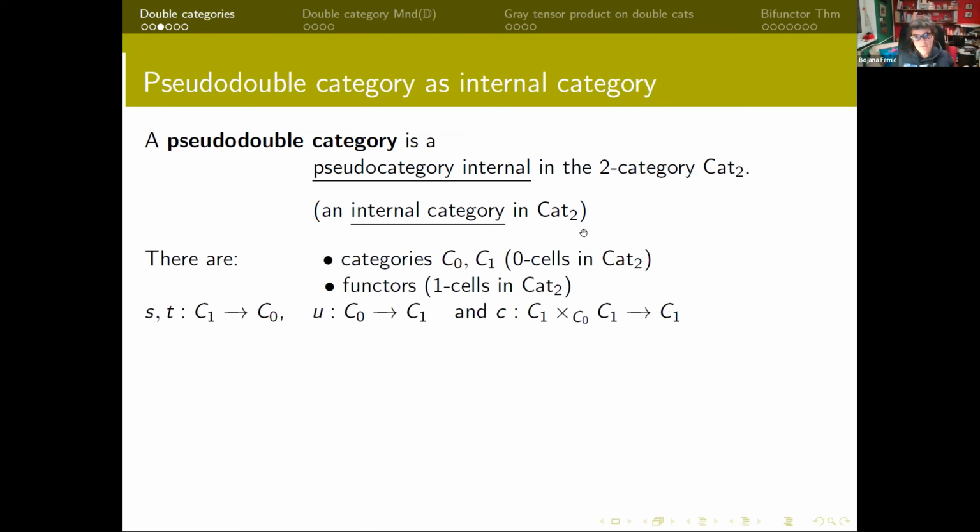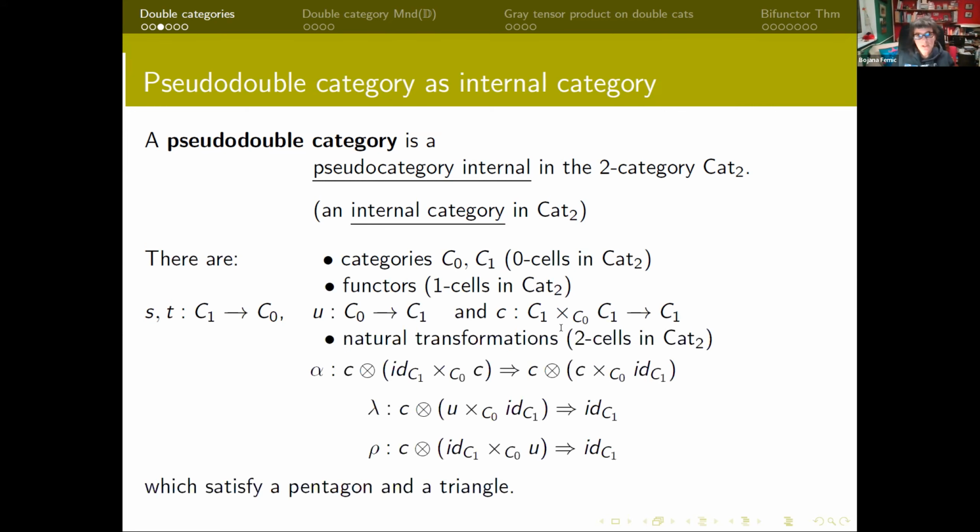Well, as before, we have two categories and four functors. But what differs now is that the composition is no longer strictly associative and unital, but we have natural transformations. These are 2 cells in this 2-category Cat2. Actually, there should be isomorphisms alpha, lambda, and rho, satisfying the usual pentagon and triangle.